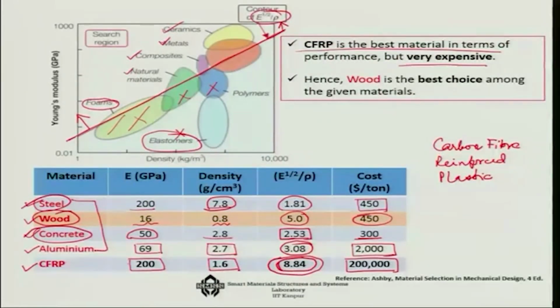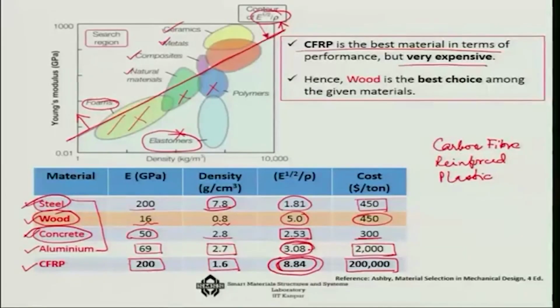Though steel is cheaper, so steel is better in that way, because aluminium is more expensive, even though its factor is slightly higher.